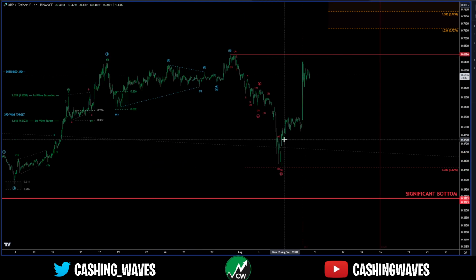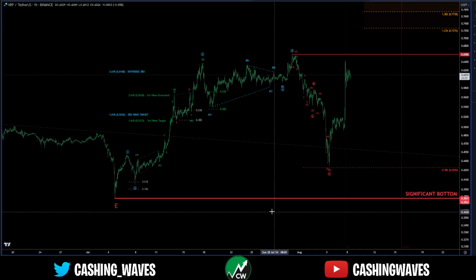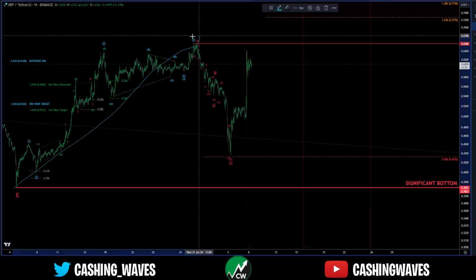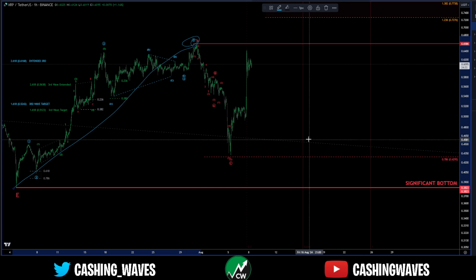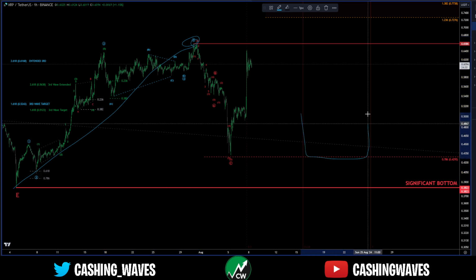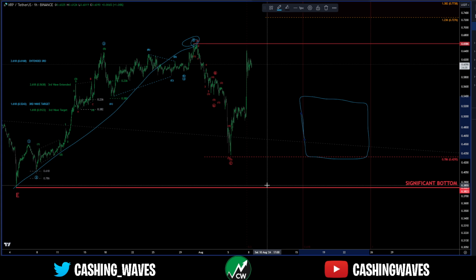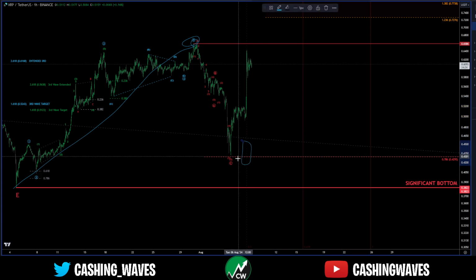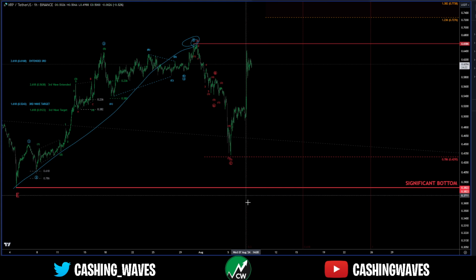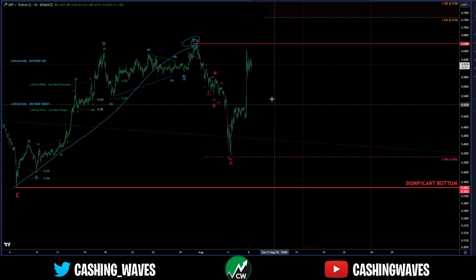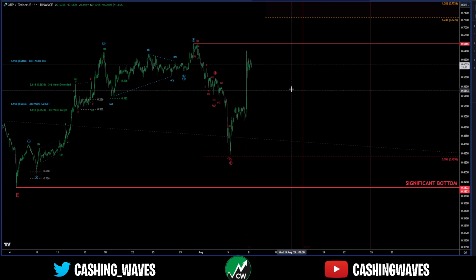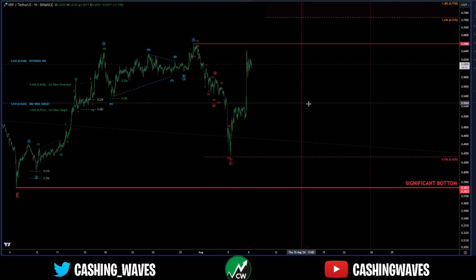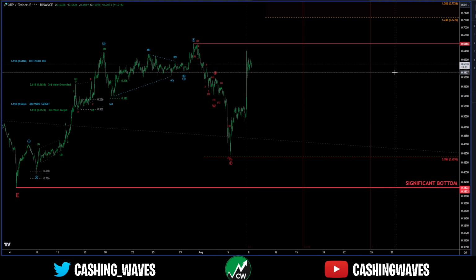What I don't like about that is usually I like to see the correction take, in time, of this entire move, between the 618 and the 1-to-1 in time, which is all the way over here. I also usually like to see a minimum of 30%, which we didn't even get in time, which is right here. So it just leaves me open to the idea that this could be a mid-correction and we just get bigger. That's all it does.